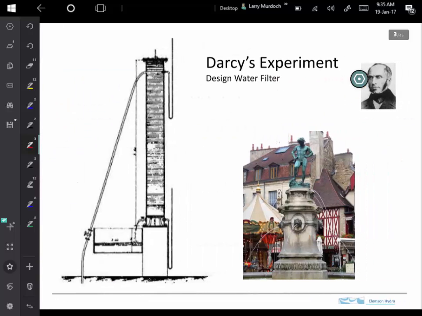And as it turns out, sand filters play an important role in how we analyze flow through porous media, because it was an experiment done by Darcy back in the middle 1800s on sand filters, or basically an experiment that he did trying to understand how sand filters work, that led to Darcy's law, which is an important foundation for understanding flow through porous medium.